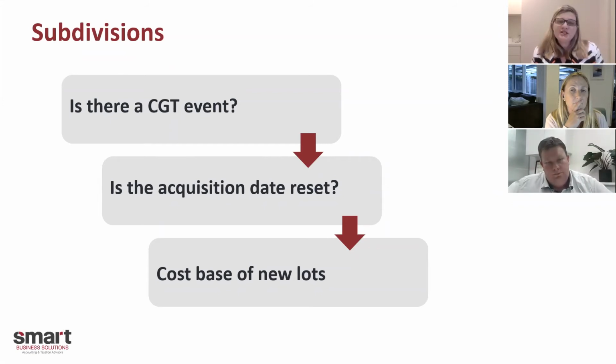It's when the ownership changes. So if you subdivide and sit on it for another few years, the acquisition date is also not reset. So just because you subdivide is not really going to make a new difference. With the cost base, and this is the cost base of the new lot, you have a block that you've now subdivided, and now you've got this cost base when you're about to sell it. How do you allocate?